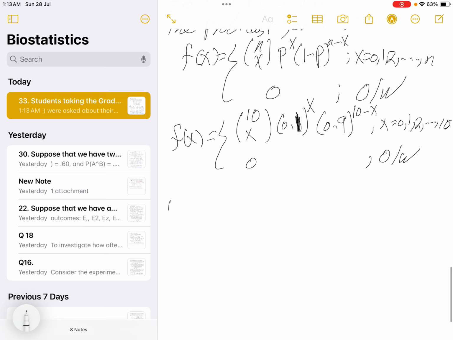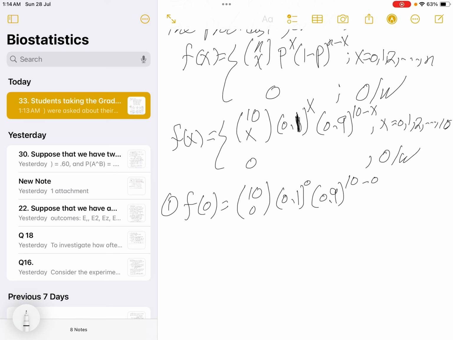First of all, I want to find f of 0. Substitute 10 over 0, 0.1 to the power 0, 0.9 to the power 10 minus 0. If you open the combination, you will find it is 1. This is also 1. You will have 0.9 to the power 10.